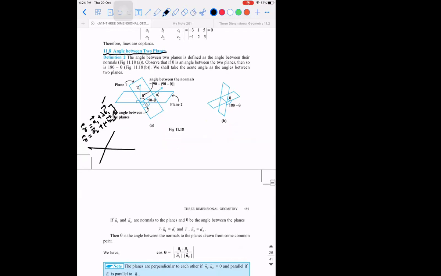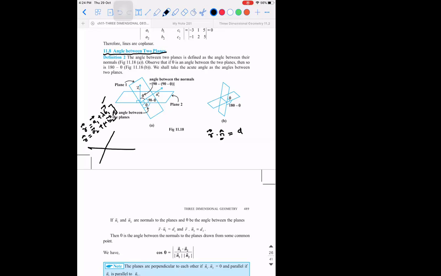Now, in a similar way, see, a line is one dimensional, a plane is two dimensional. So mathematically, when you write the plane's equation, do you know the direction ratios of the plane, or will you be able to know only the direction ratios of its normal? When I write the general equation of a plane, r vector dot n cap is equal to D, you are able to know only the direction ratios of the normal to the plane.